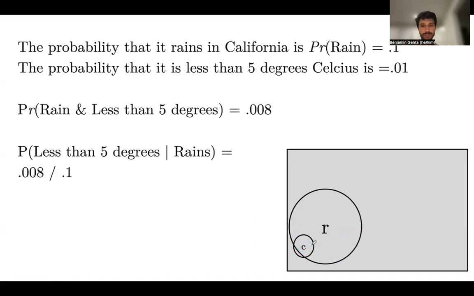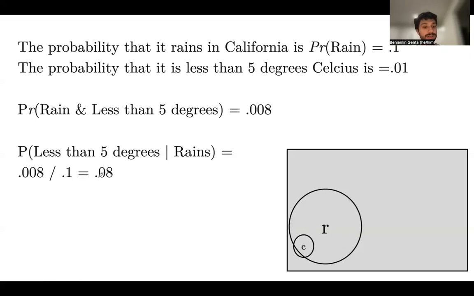So here we just use the definitions, which is the probability of rain and less than 5 degrees over the probability that it rains. So, right, 0.008 over 0.1, and that is 0.08. And this is 8%. So the probability that it's less than 5 degrees given that it rains is quite high now.